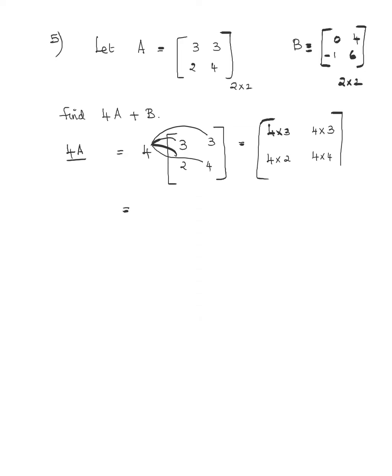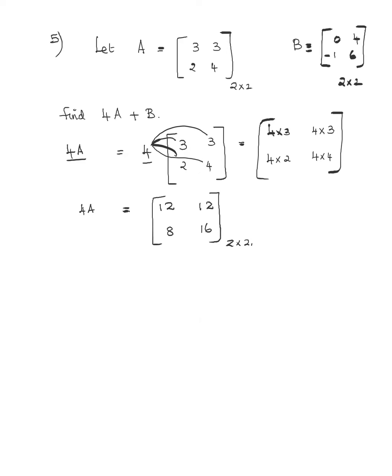So the scalar, the number here, goes to all the elements inside the matrix. So we get 12, 12, 8, and 16. So this is just 4A. Again, this is a 2 by 2 matrix.